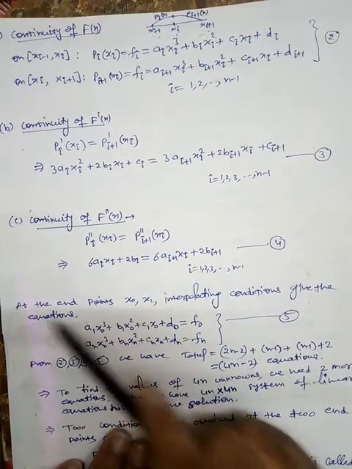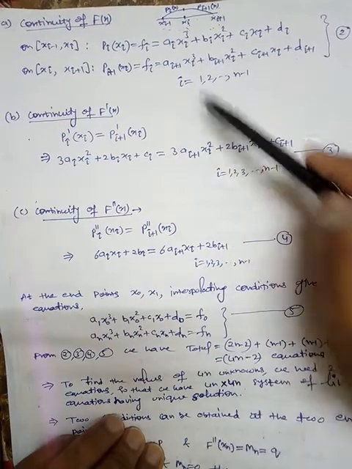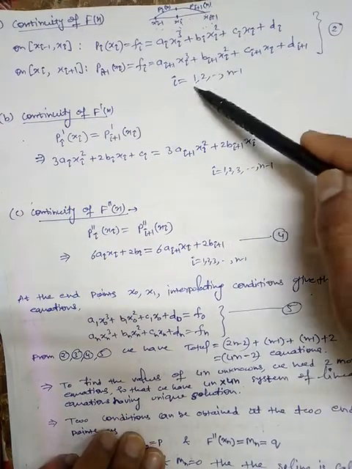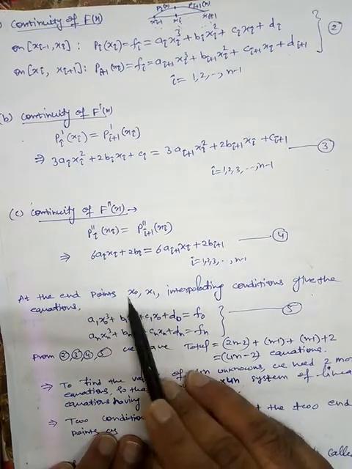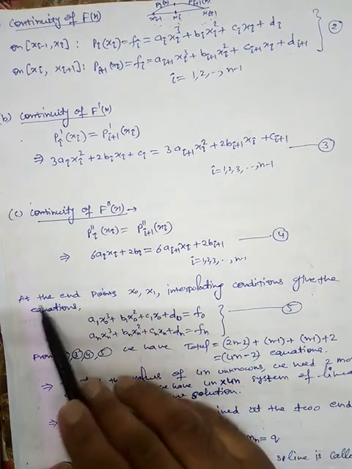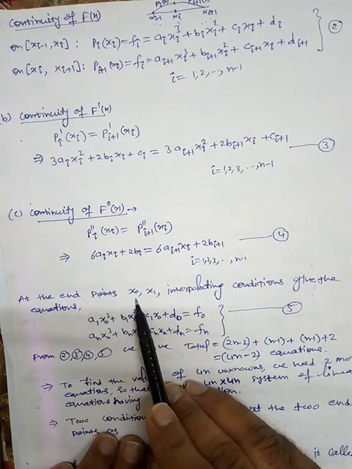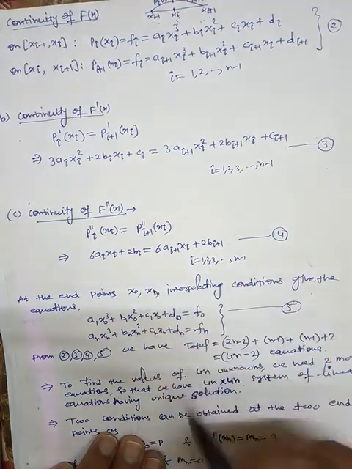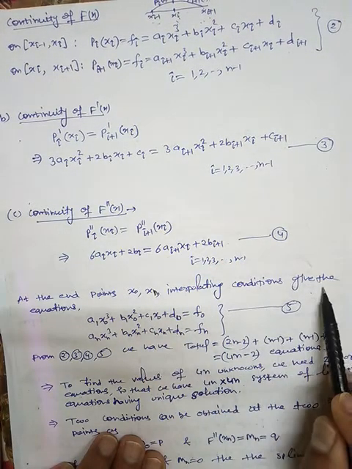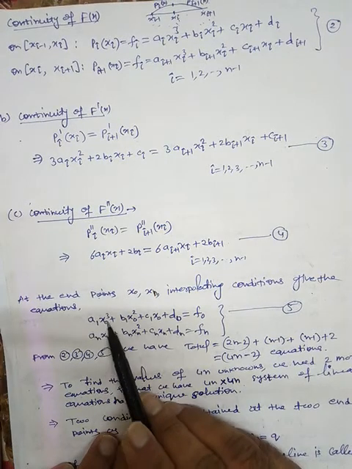Okay. Now at the endpoints, because endpoints are not included here, i is equal to 0 and i is equal to n. So for i equal to 0 we have point x0, so at the endpoints x0 and xn, the interpolating conditions give the equations a1 x0 cubed and so on.